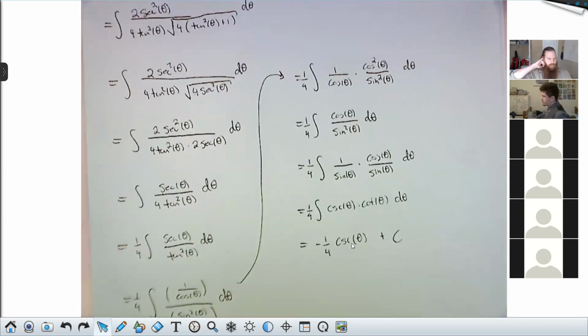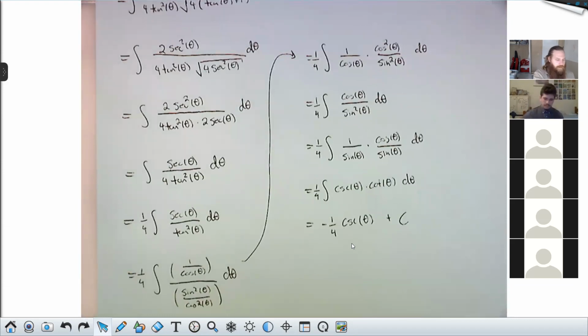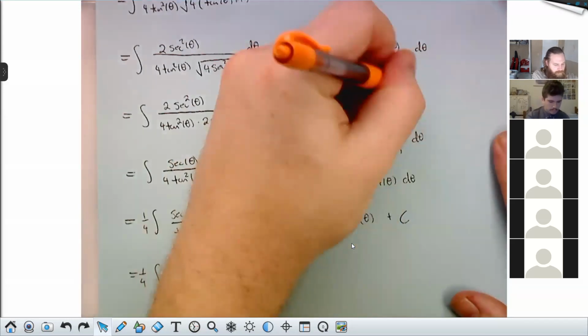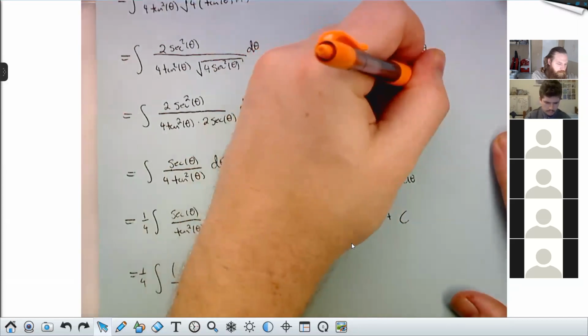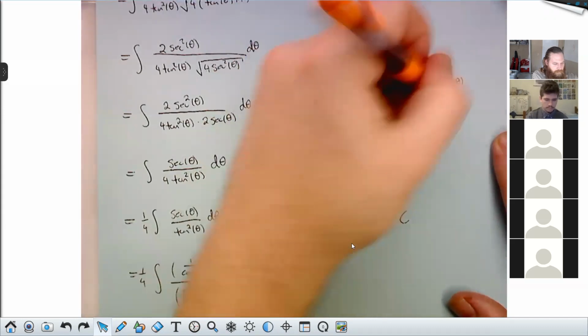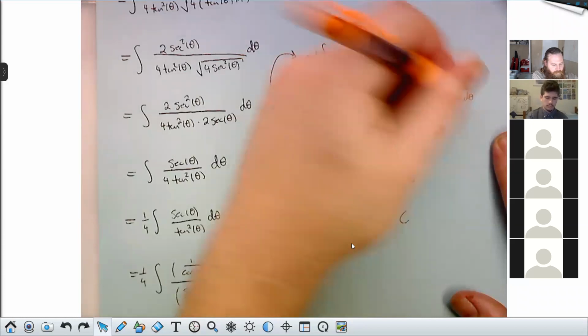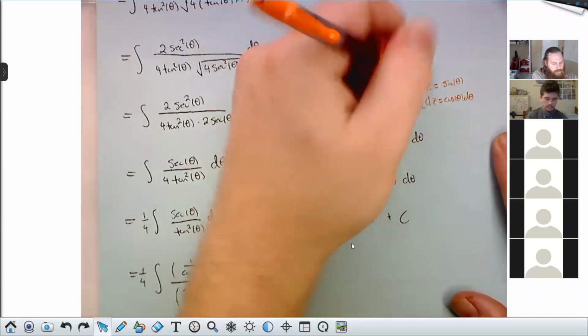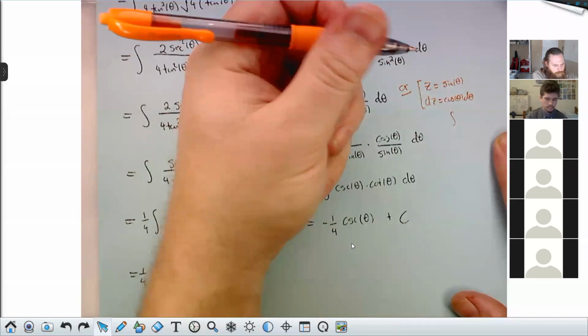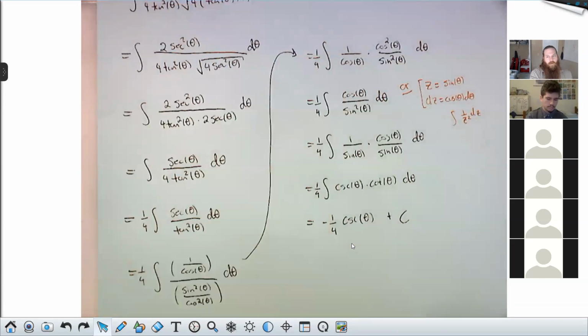Okay, sure. Thank you. So it's a little sneaky. Yeah, it's pretty clever. Again, if you want to try something else, the other option is at this stage, you let z be sine theta, dz would be cos theta d theta, and your integral would turn into the integral of 1 over z squared, that is z to the negative 2, which integrates to negative z to the negative 1.